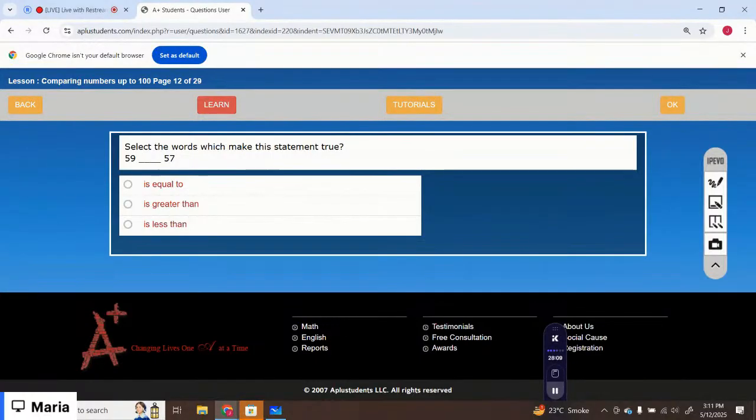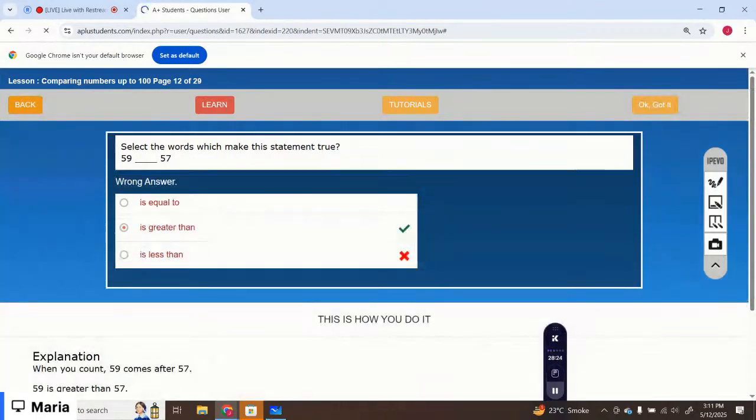Select the words which make the statement true: 59 and 57. 59 is greater than 57. Option number 3 is the correct option. Okay, let me just move on to the next lesson.